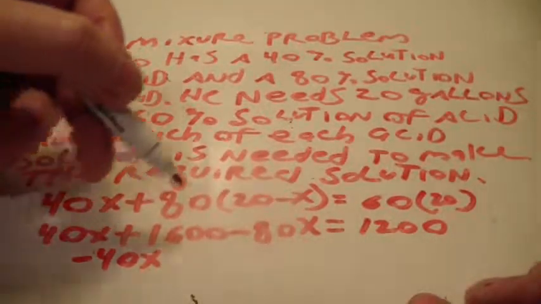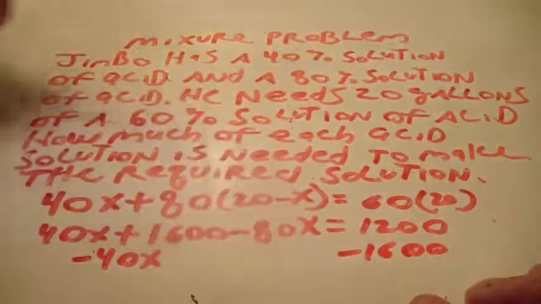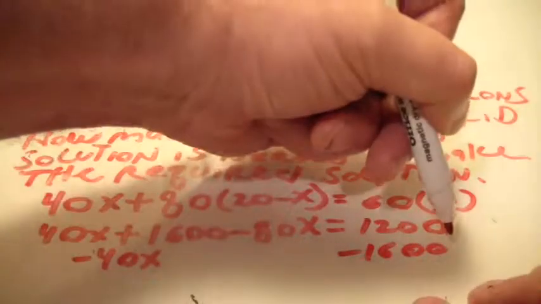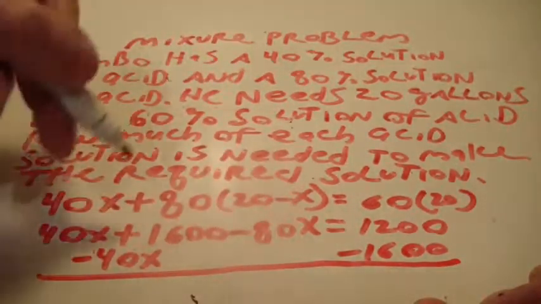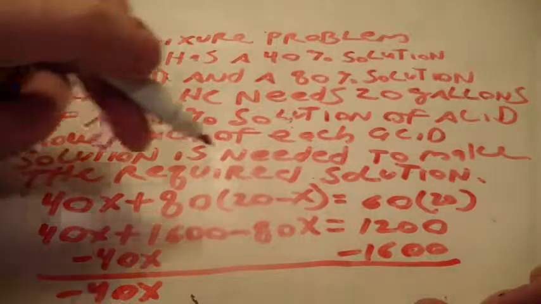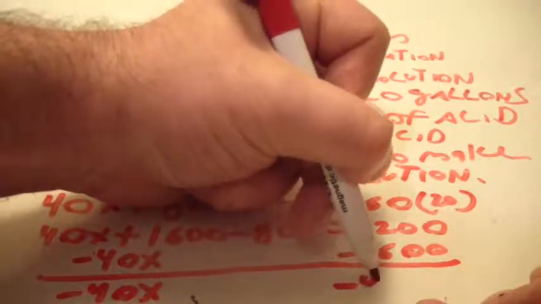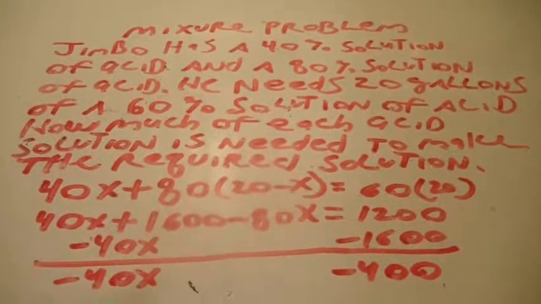Okay, so let's minus 1600 over here. Instead of doing things on both sides, I just generally do it on the side that it really needs to be done with. Okay, and we have a negative 40x equals a negative 400. All right, so this is what it looks like now.